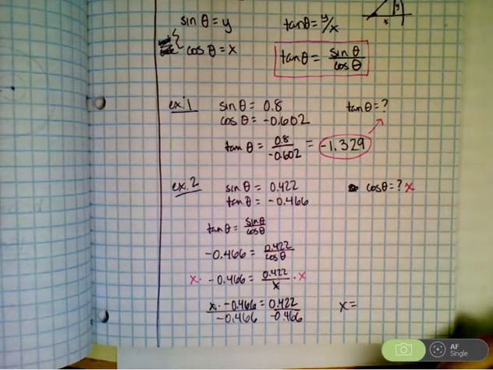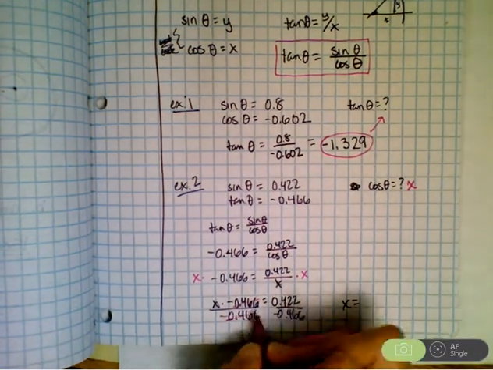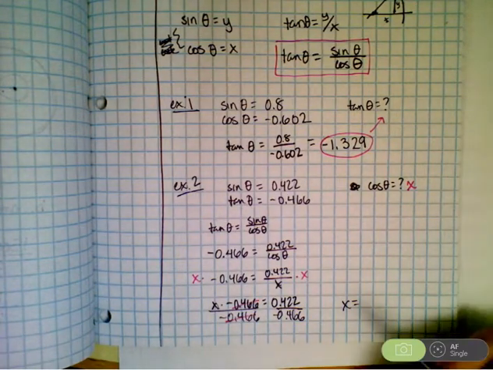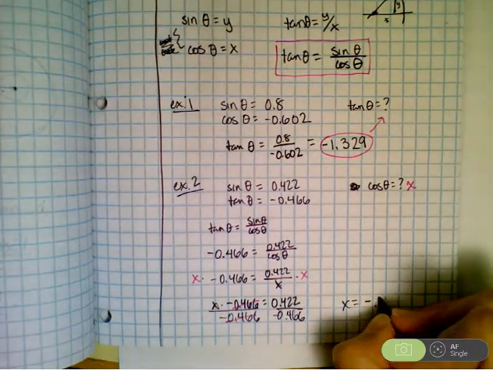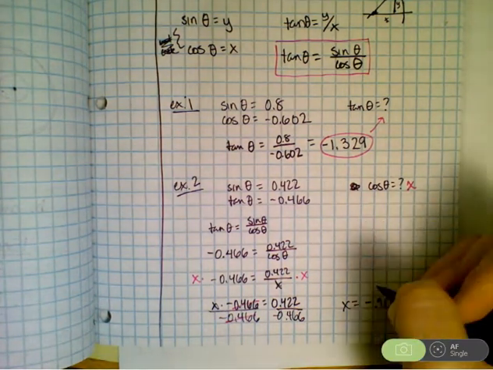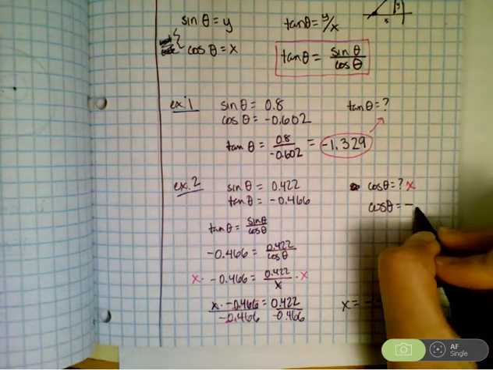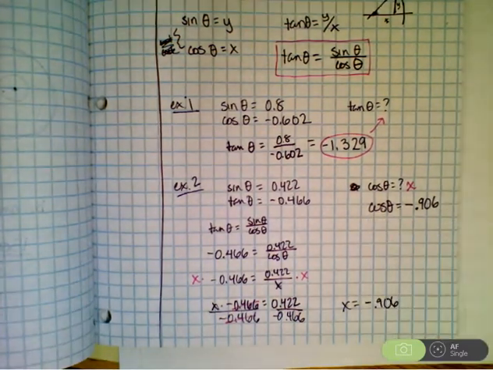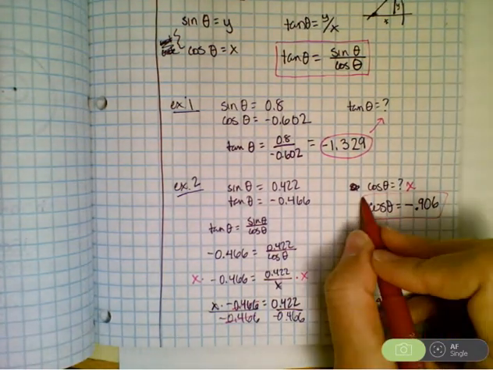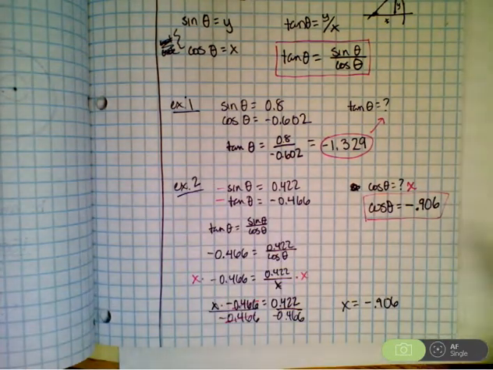The negative 0.466s cancel, and I get x equals negative 0.906. So the cosine, or the x value, of the angle equals negative 0.906. I have found the cosine. I now know the sine, the tangent, and the cosine of the angle, and my goal in these is always to find all three.